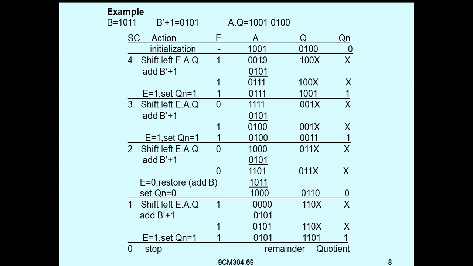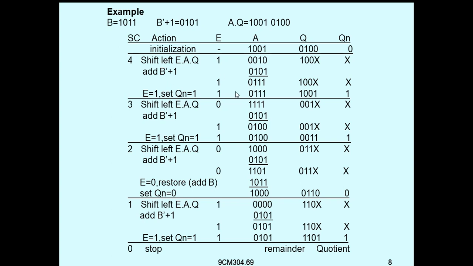So 0 1 0 1 can be subtracted from this one, double 0 1 0. So from this one we are doing the subtraction, 0 minus 1 is 1, and 0 minus 1 is 1, and then 0 minus 0 is 0.